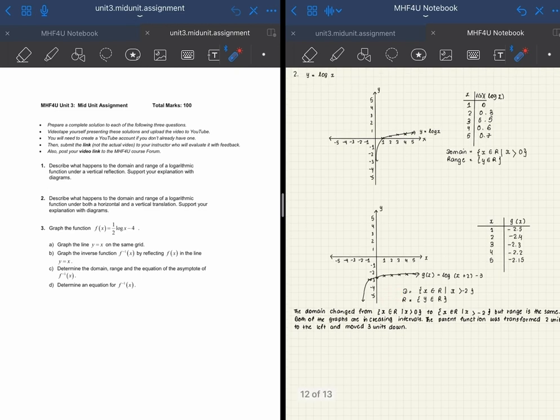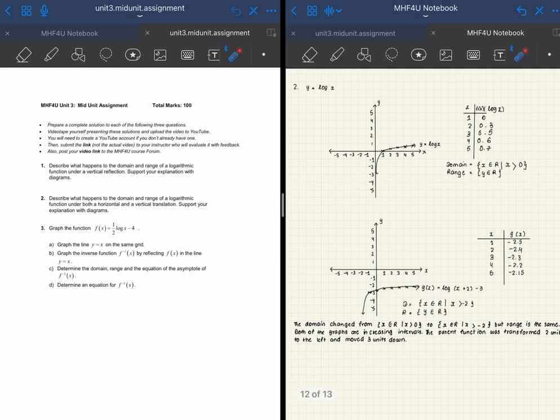After the translation, the domain changes from x belongs to R such that x is greater than 0 to x belongs to R such that x is greater than minus 2, and the range is the same, y belongs to R.